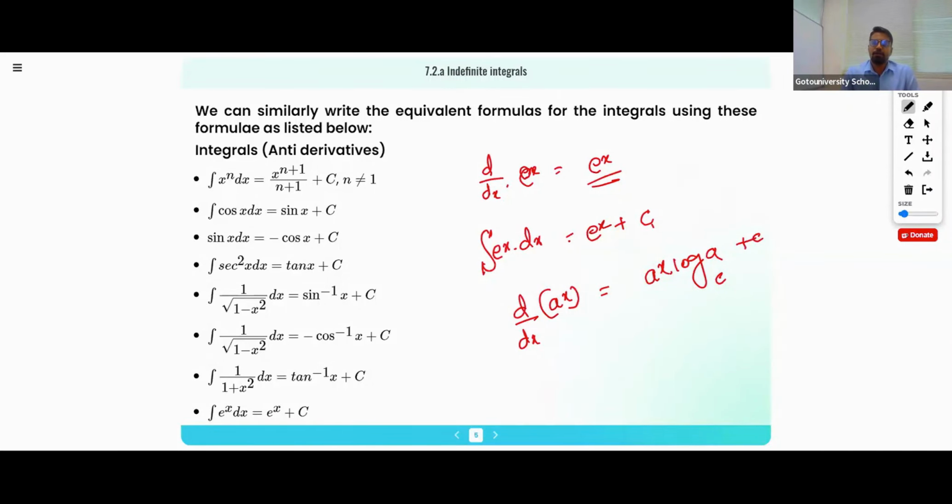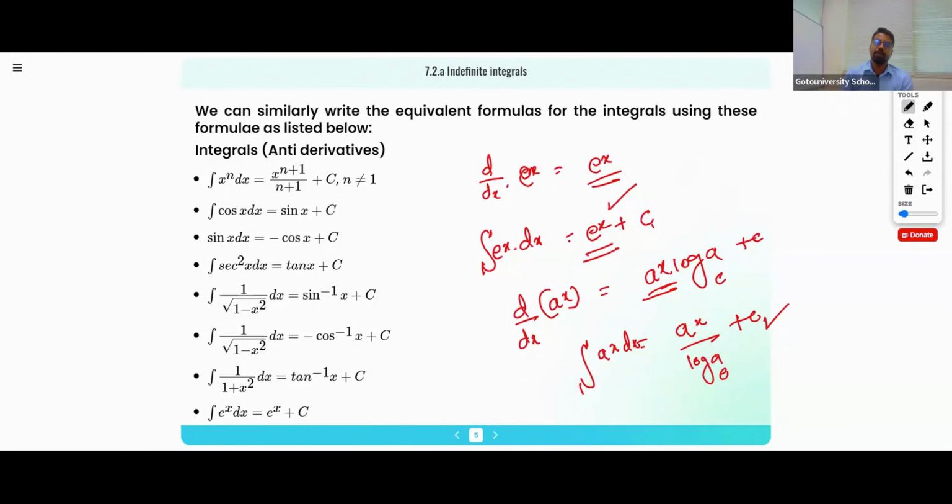Now, if you want to integrate a power x, we will again take a power x, but here we divide it by logarithm of a to the base e, plus a constant c. That is exponential with a base e, as well as exponential function with a random base a.